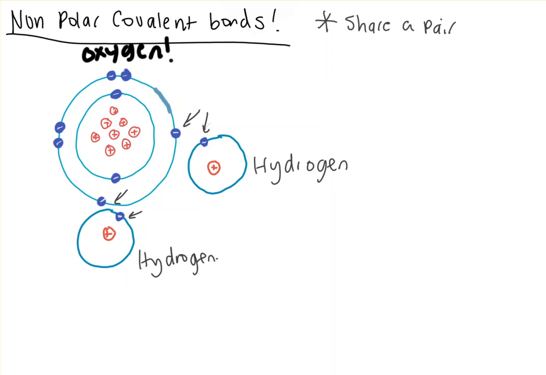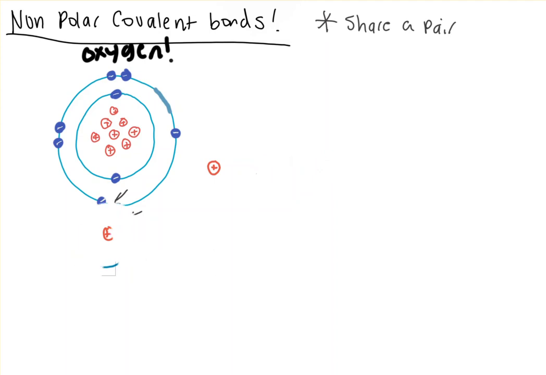So I'm going to redraw parts of this such that the pair is shared. So bear with me for a moment while I do that. All right, so let's repair this a little bit. And there's our electron shell.